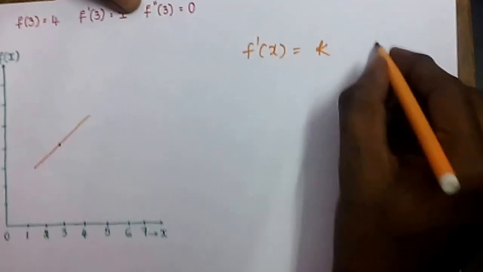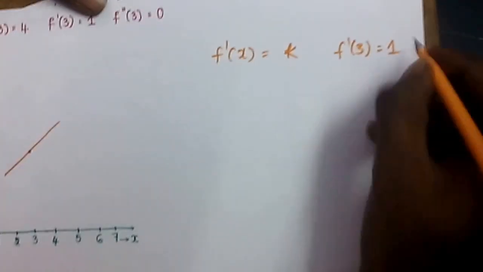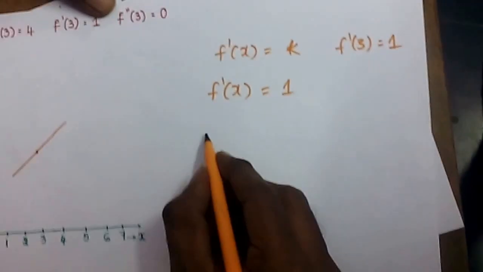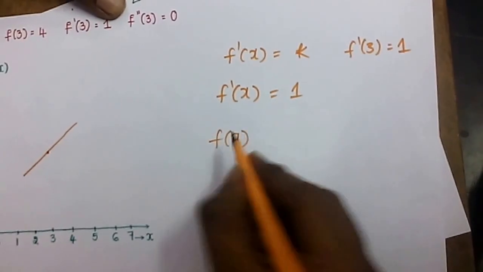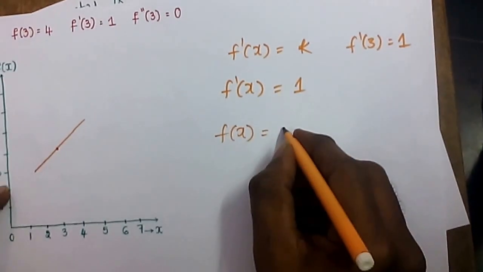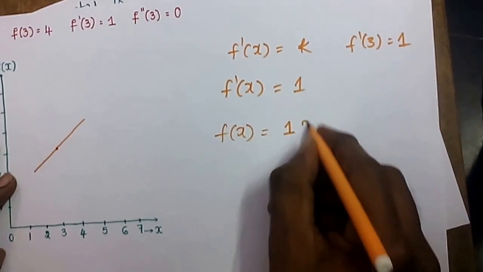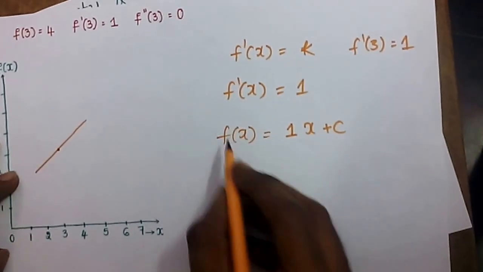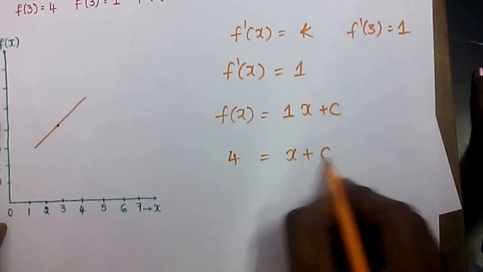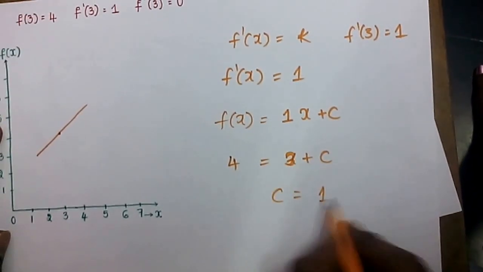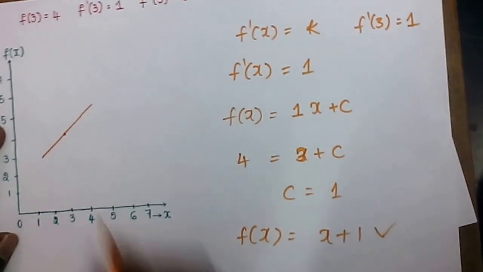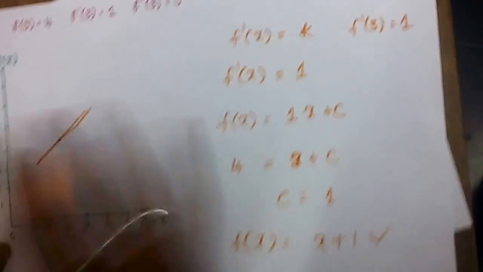But f prime of 3 is 1, so f prime of x is 1 around x equal to 3, and f of x is going to be something like 1x plus c. At x equal to 3, f is 4, so c is going to be 1. So f of x is going to be a straight line, x plus 1. So this line is the curve where there is no concavity.